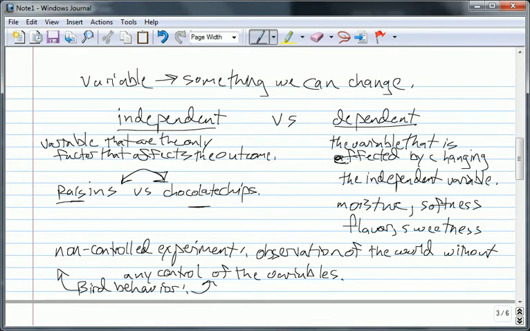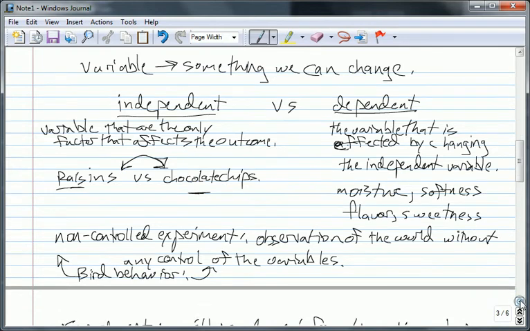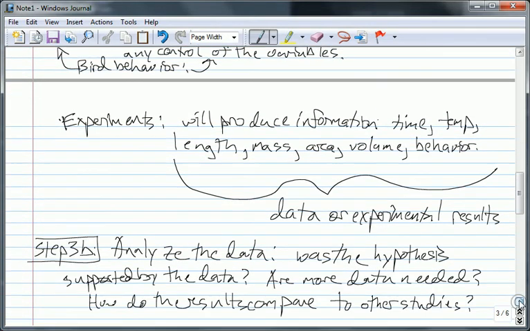One is changing, one is not. We have the independent and the dependent variables. These are the variables that we can modify. Independent is the variable that is the only thing that affects the outcome. Dependent is the thing that is affected by changing the independent variable.